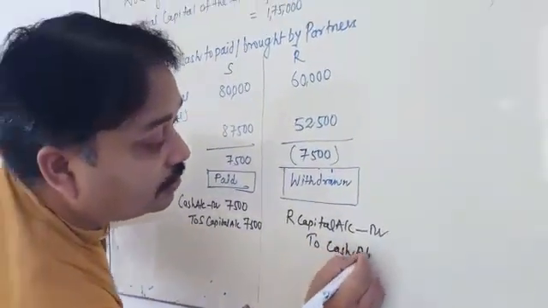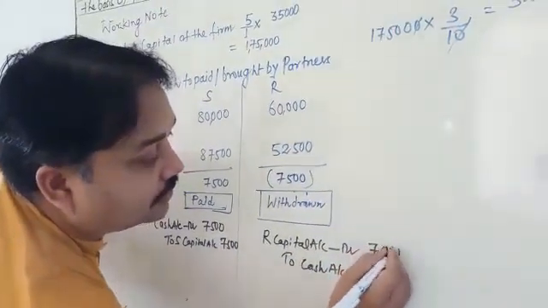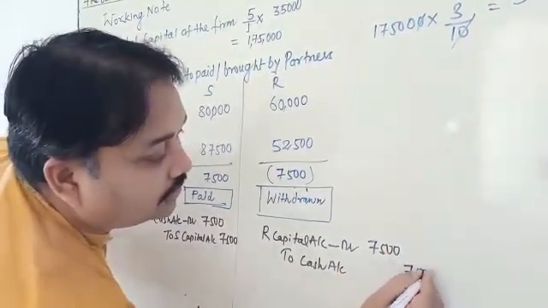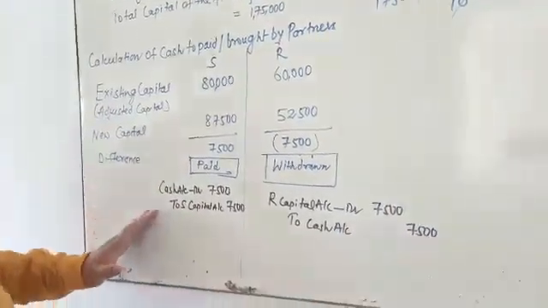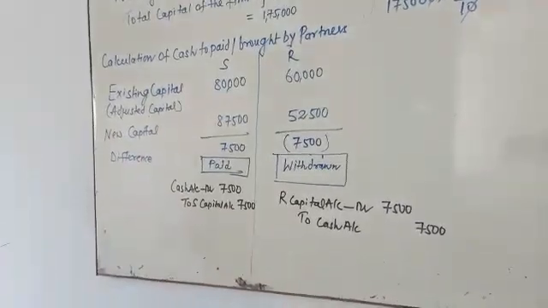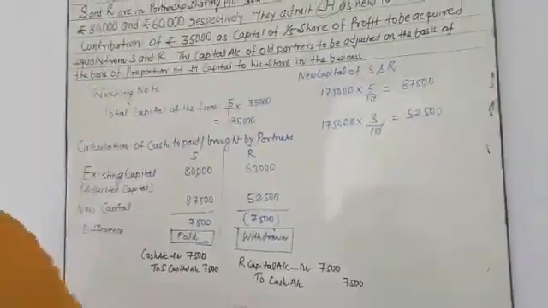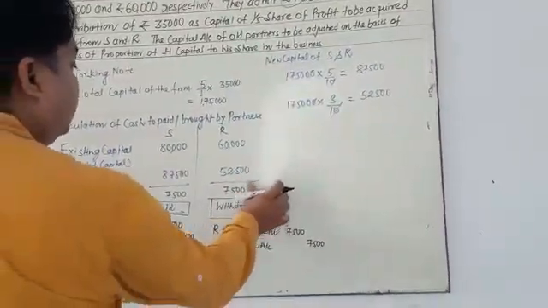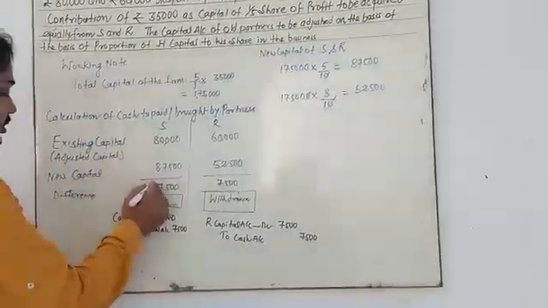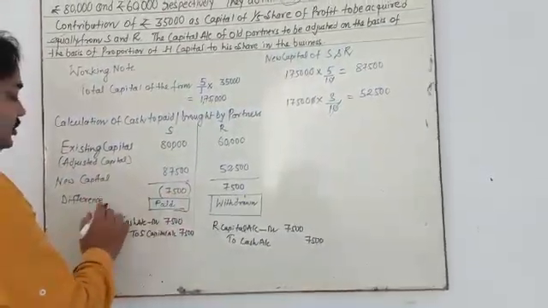You can also write bank account, 7,500. My dear student, this is the journal entry and you have to calculate this also. So in this situation, you have also checked your self solution. It is a deficit case when you are going to find the difference. Okay.